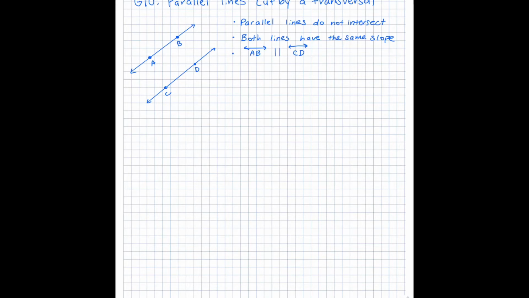Now, we're going to look at what's called a transversal. We'll call this line R. Oh, let's have 2 points, X and Y. We call this our transversal.